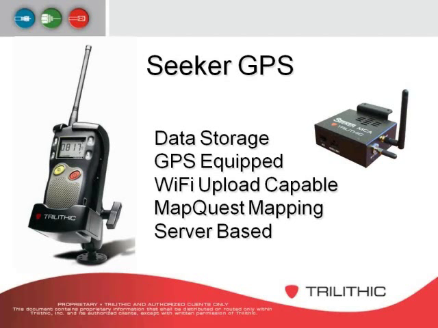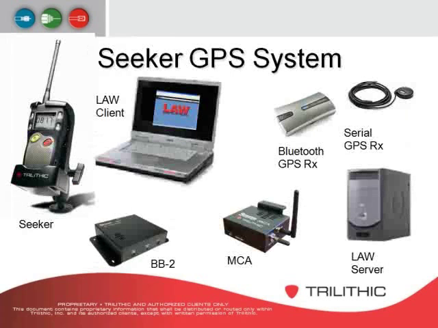It has Wi-Fi upload capability, so you could park your truck at the end of the day, and your leaks will be pulled off of your truck or from your MCA automatically. It has MapQuest mapping, so it actually plots your leak directly on a map. And it's server based, so you're able to archive all of your signal leaks. It keeps record, and this is what you would use for your CLI.